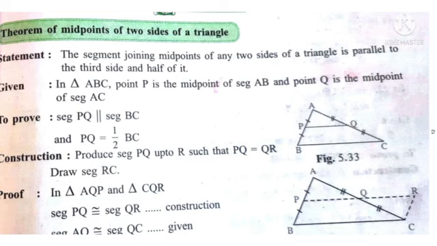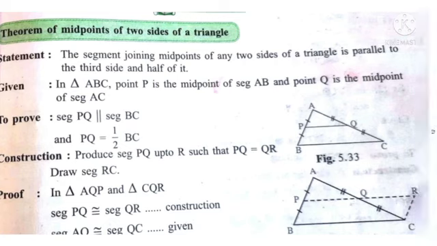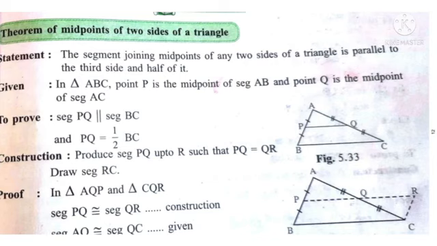See here in the figure. In triangle ABC, the segment joining midpoints of any two sides of a triangle is parallel to the third side and half of it. You only remember the statement.